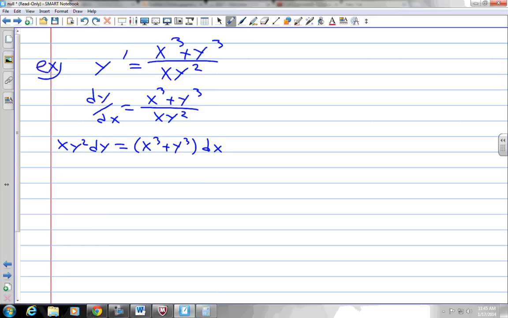X cubed over xy squared plus y cubed over xy squared. Well, then I'm back to where I started, right?